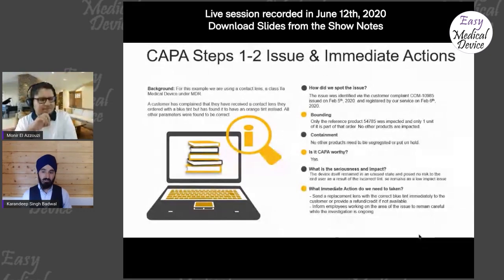Just one thing to explain to people: you have to be as precise as possible. When, where, how, etc. Provide as much information as possible, because maybe in 6 months or 1 year's time, when you look at this CAPA, maybe during an audit, the auditor will ask you a question.